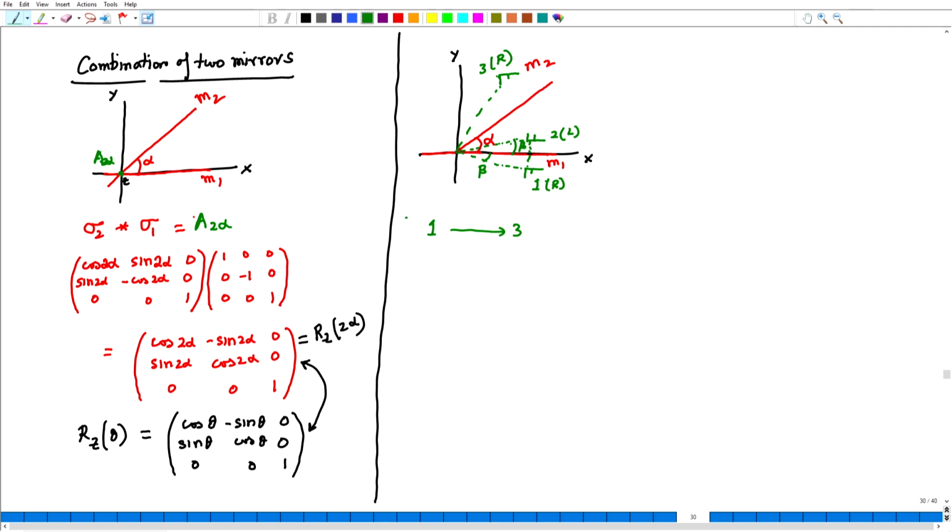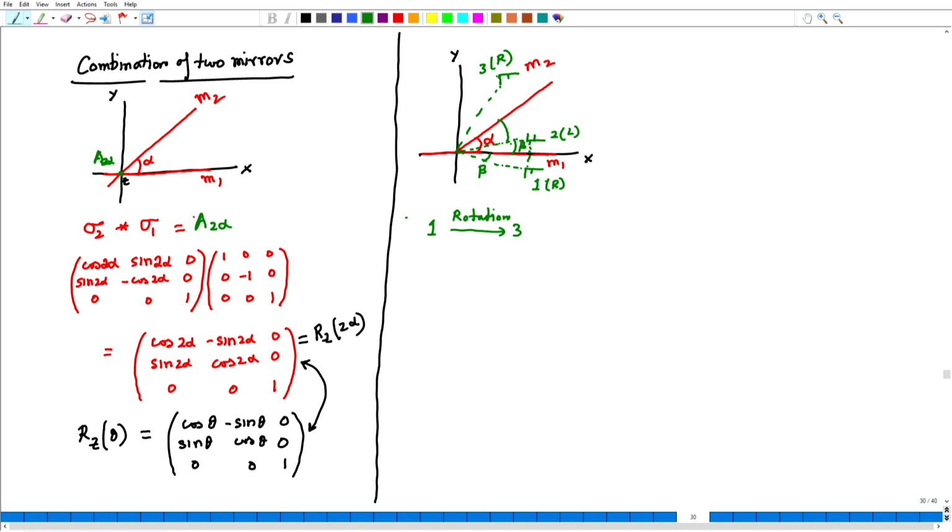Now, it is clear that the handedness of 1 as well as the handedness of 3 is right handed, and therefore, a rotation operation should be there. So, 1 to 3 would be through a rotation. Now, we have to find out through what angle we need to rotate. So, let us work out a little bit more. I have this angle beta. So, what would be this angle?